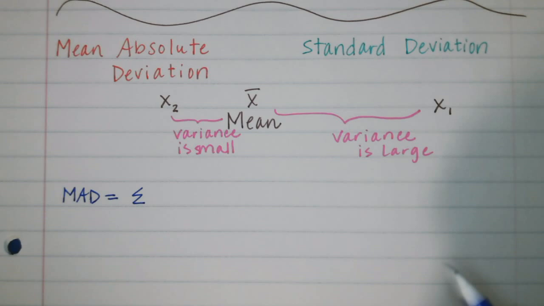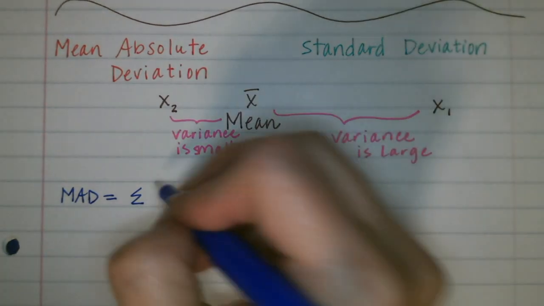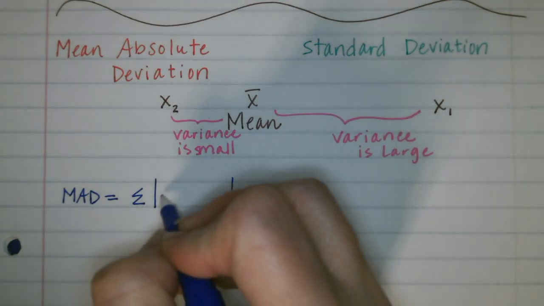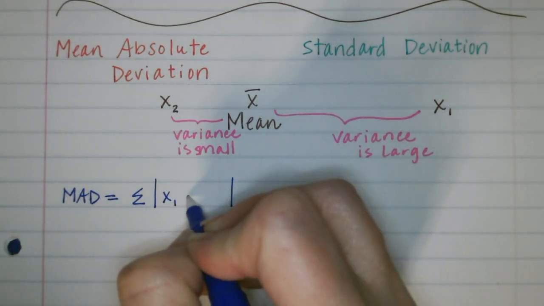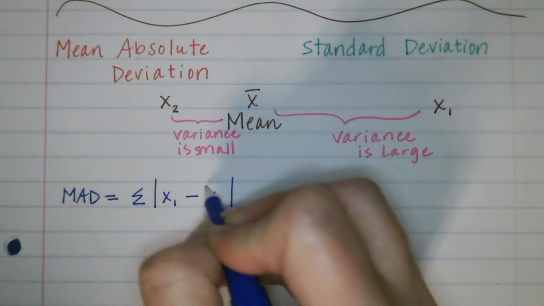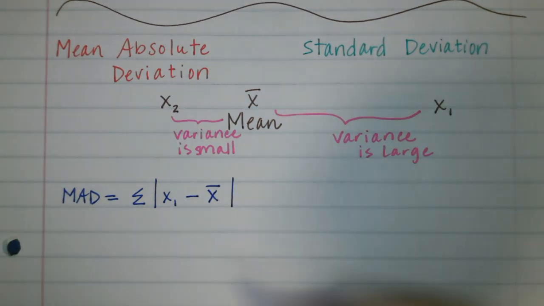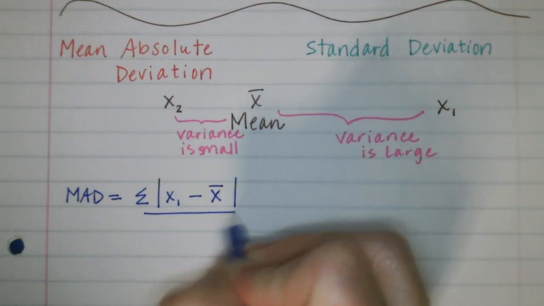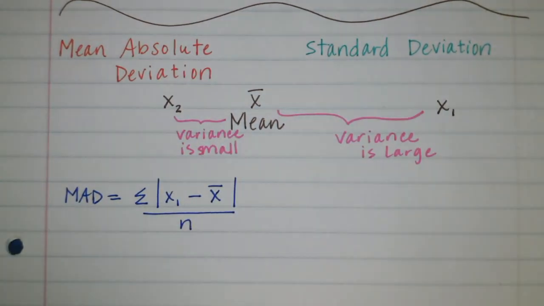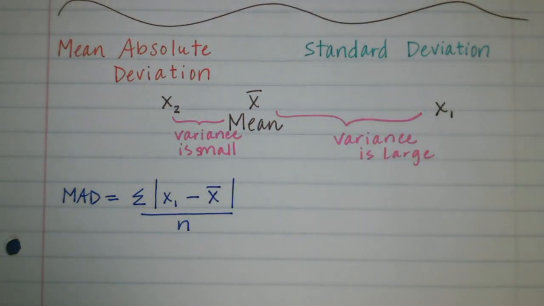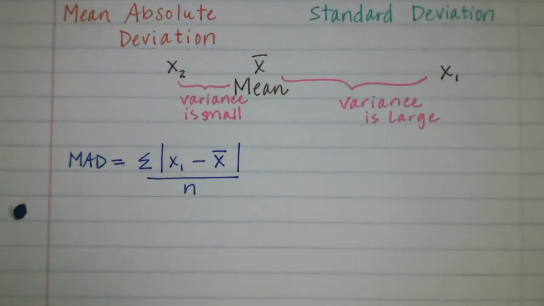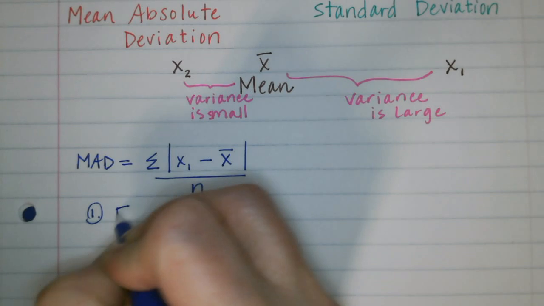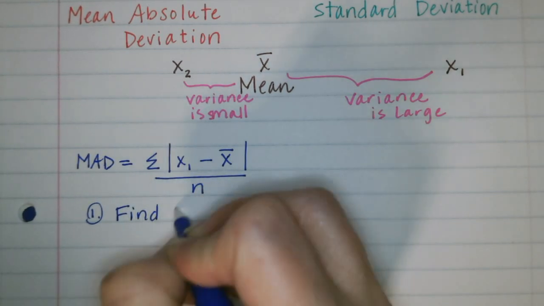This is a sigma, which is the sum, and then we have our absolute value bars, and we're going to take each number and subtract it from the average, and then we're going to take the average of that. So that's what the formula looks like for the MAD. All right, so here we go. Here are the steps. Step one is we need to find the average.